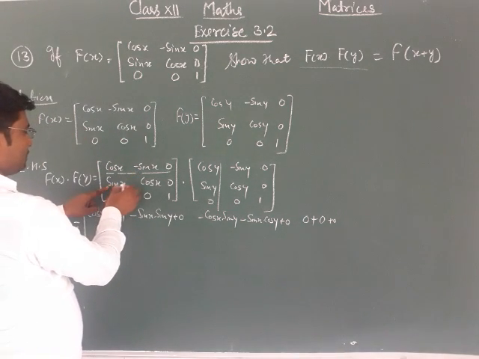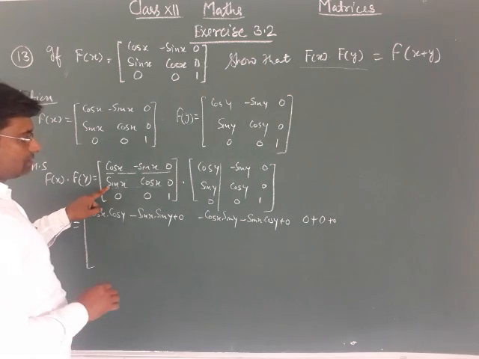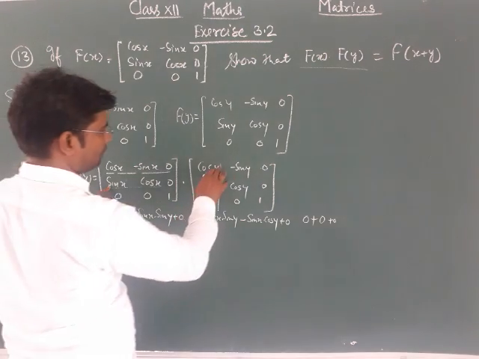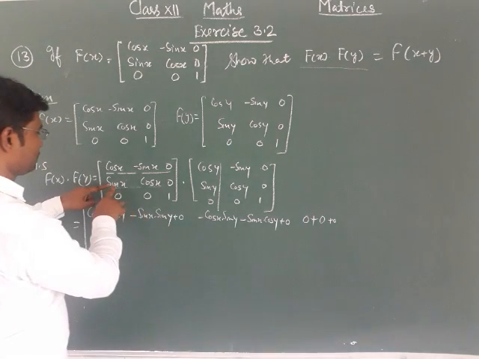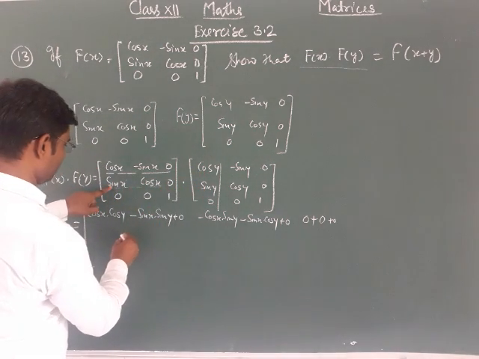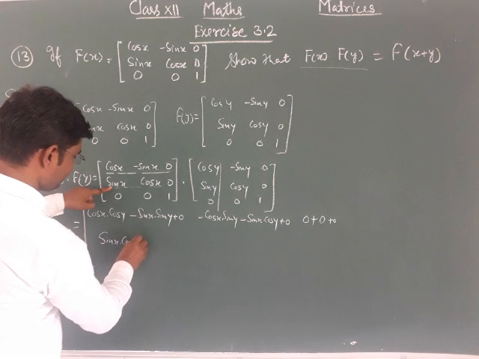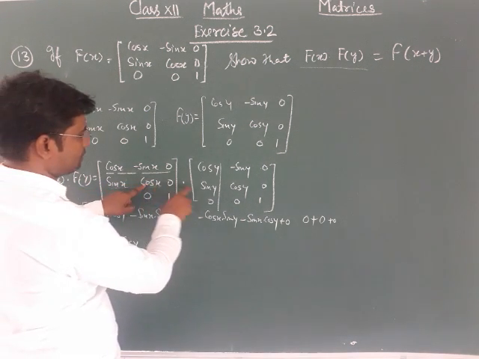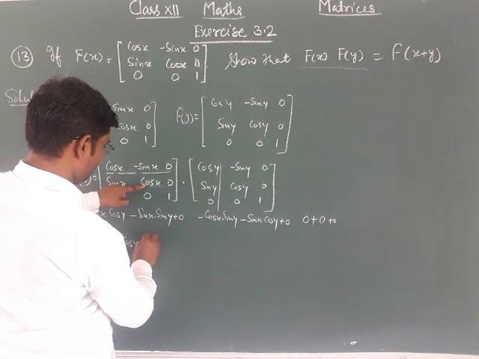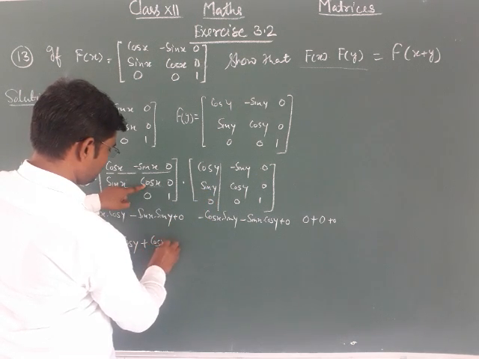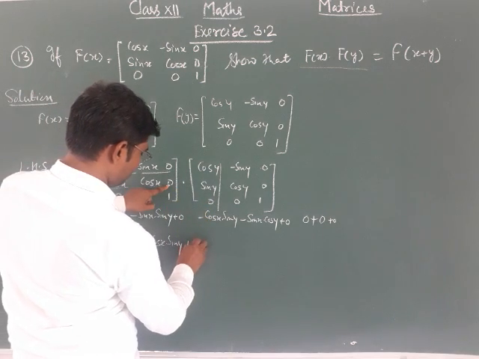And taking the second row of the first matrix and the first column of the second matrix, so sin x into cos y, plus cos x into sin y, and 0 into 0.